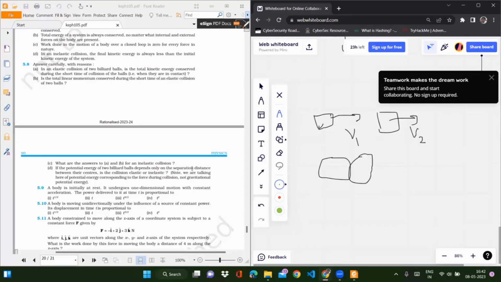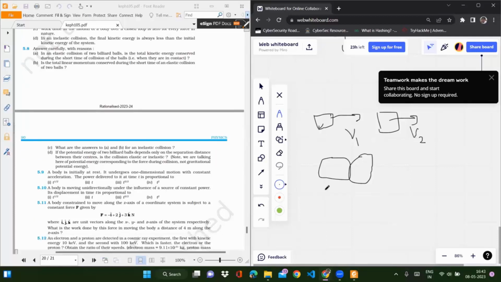It depends on the separation distance, and as there is potential energy and no permanent deformation, it is due to the elasticity of the ball. So the collision will be elastic in this case. Some of the kinetic energy will change to potential energy, but after the balls separate, the potential energy will be regained in the form of kinetic energy, the total energy will remain conserved, and the collision will be elastic.